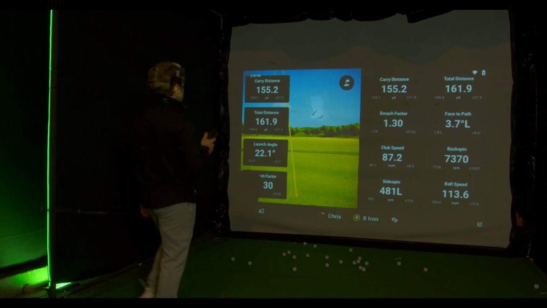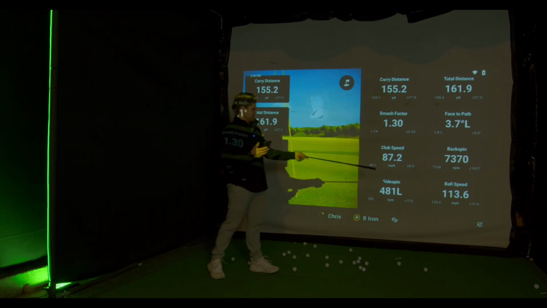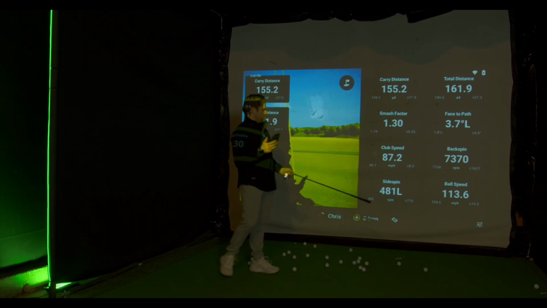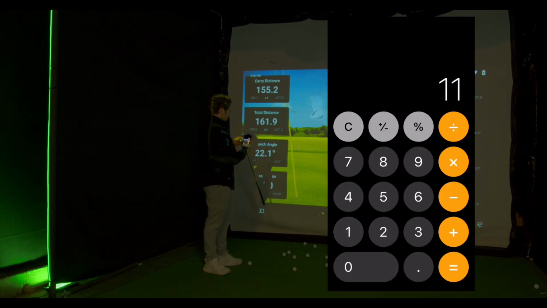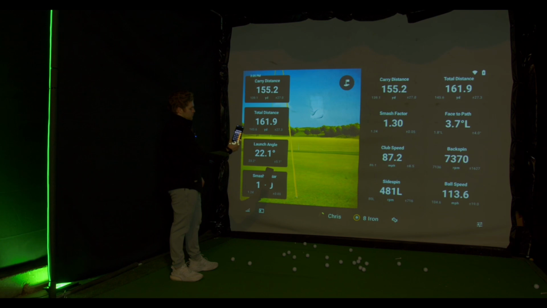So how do you get the smash factor? It's basically your ball speed, because that's going to be higher, divided by your club head speed right here. So I'm going to show right here. I'm going to go 113.6 divided by 87.2, and what does that get you? 1.30275.